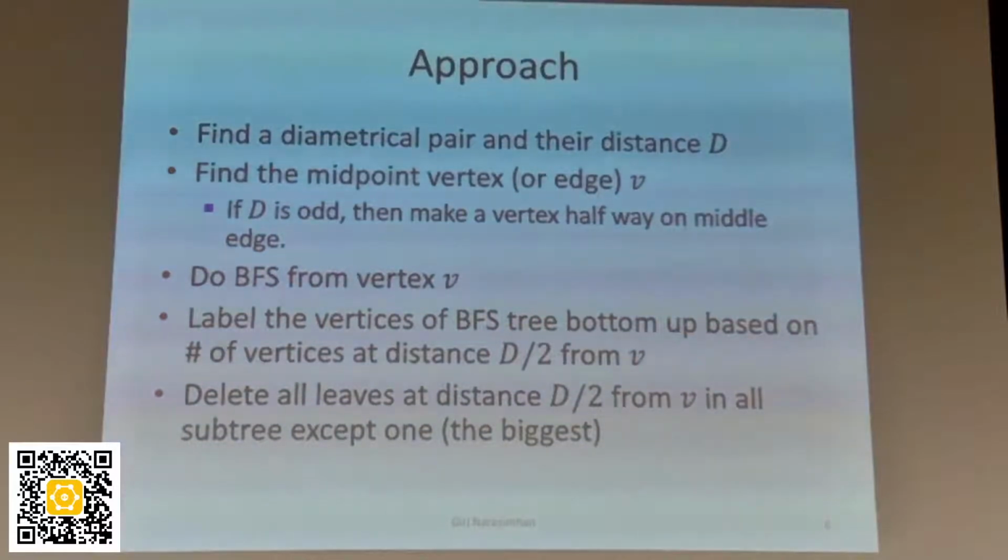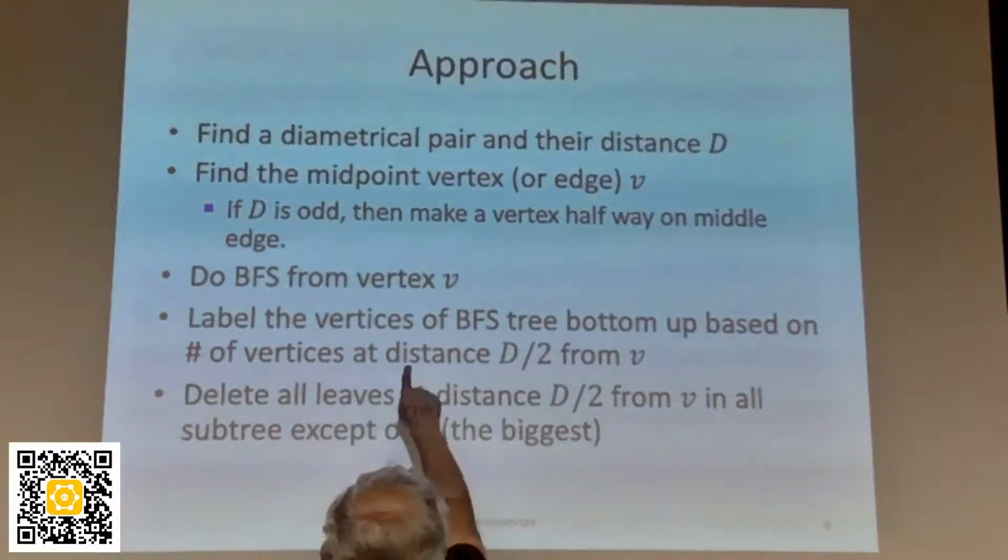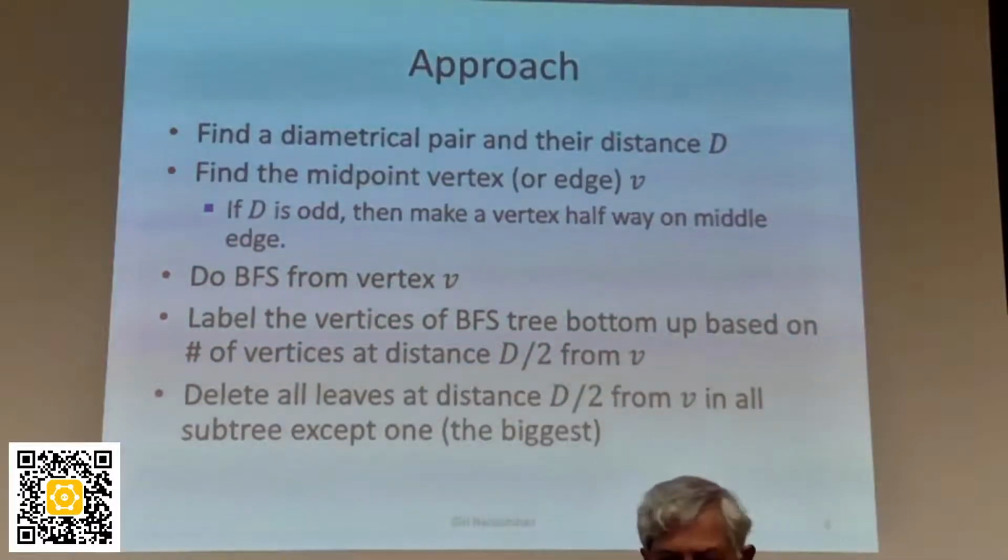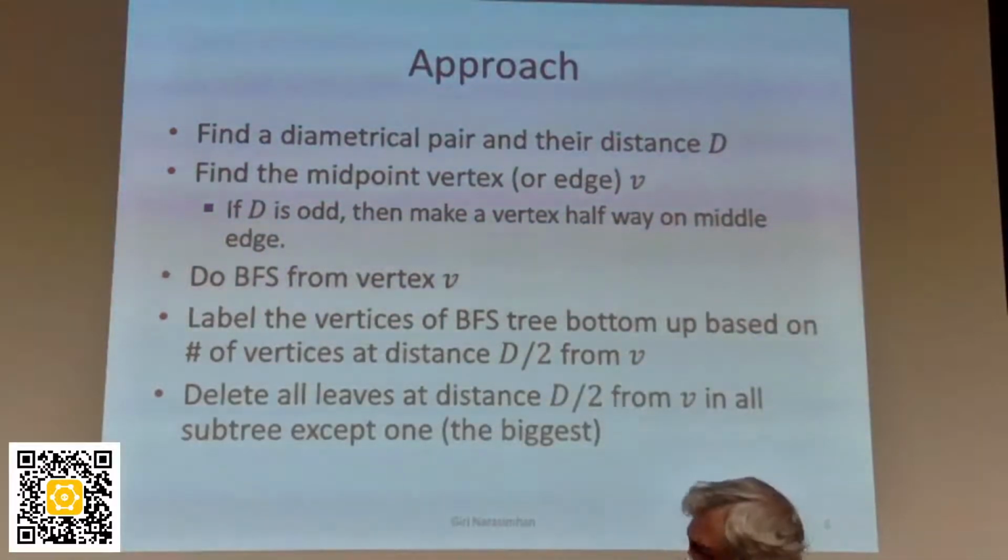So we end up with a situation that looks like this. For the center, we have a bunch of branches. Each branch, we know exactly how many leaves are at distance half the diameter away. That's what we figure out when we process this tree bottom up.